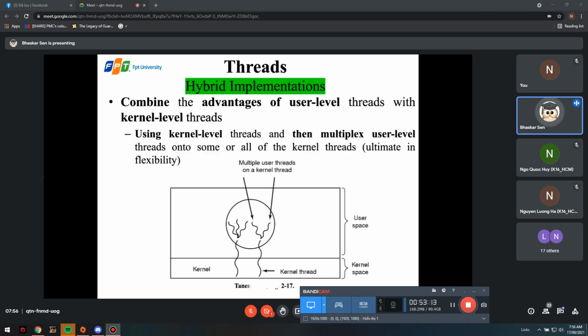So now we move on to hybrid implementation. That is the most important and interesting thing, and that's the one that we do these days. Now, what's the hybrid implementation?